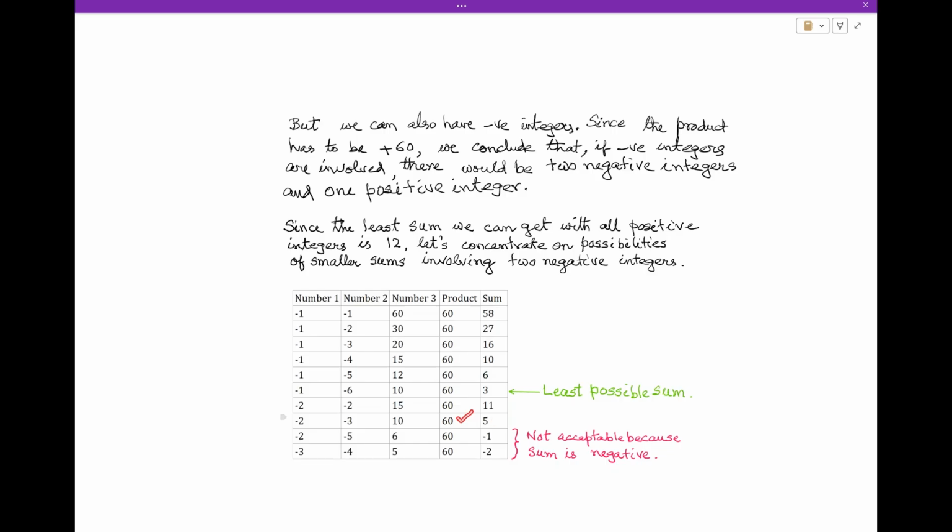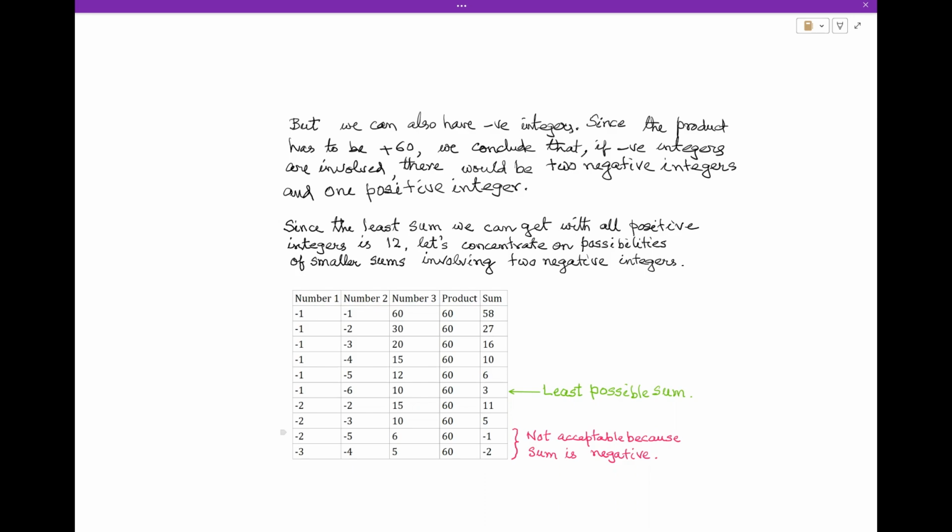Sum is 5. Minus 2, minus 5, 6, 60, and the sum is minus 1. Minus 3, minus 4, third number is 5. The product is 60, but the sum is minus 2.